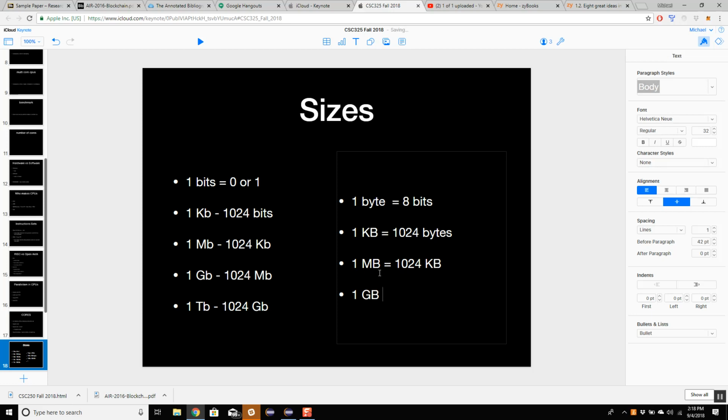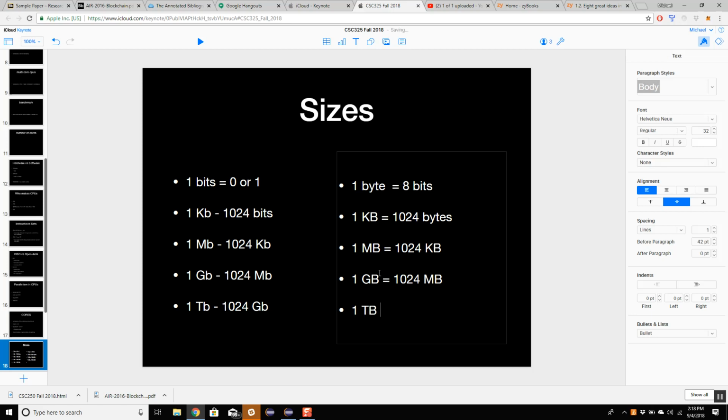1 gigabyte is equal to 1,024 megabytes, big B. 1 terabyte is equal to 1,024 gigabytes. So on and so forth. And I think it's what? It's a petabyte, and an exabyte, and I don't know what comes after that.